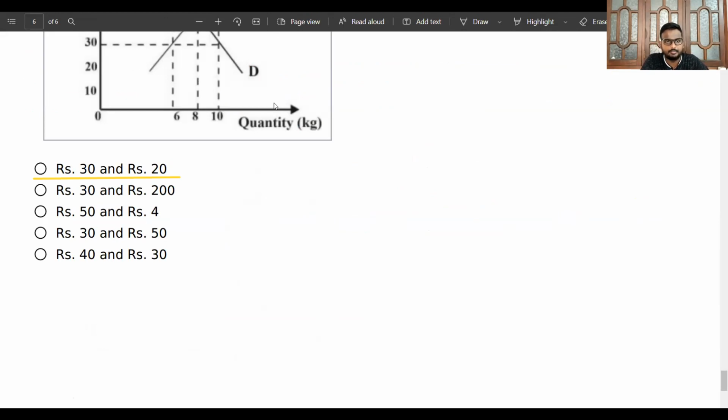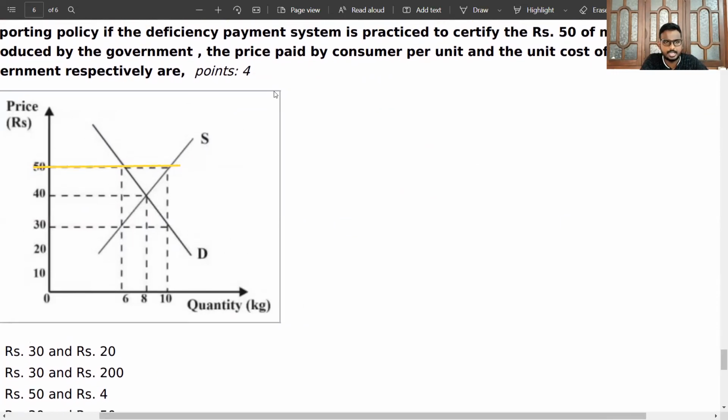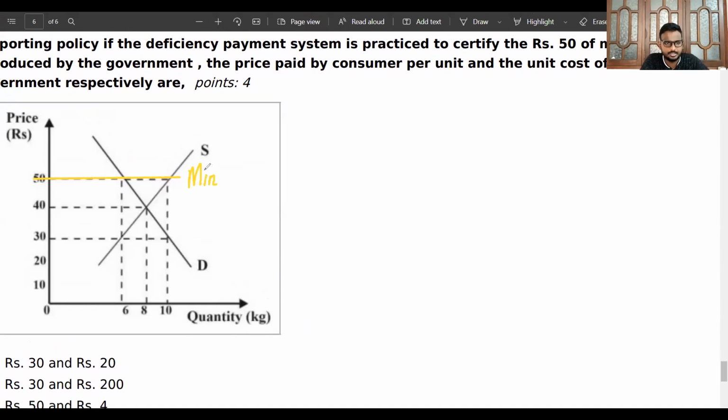And remember, whenever a minimum price is set, normally this is minimum price, right? Government has set 50 rupees as minimum price. But once this minimum price is backed up by any price supporting policy, a deficiency payment system or price supporting government purchase, anything, that minimum price will now be called certified price or guaranteed price.